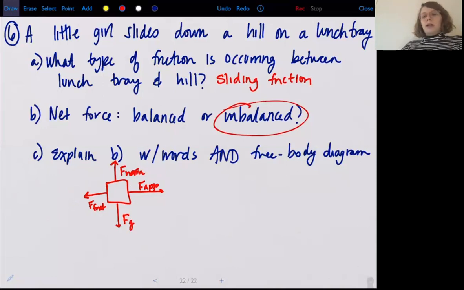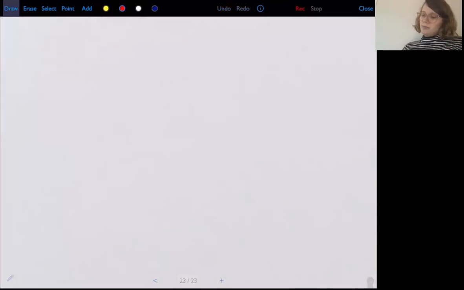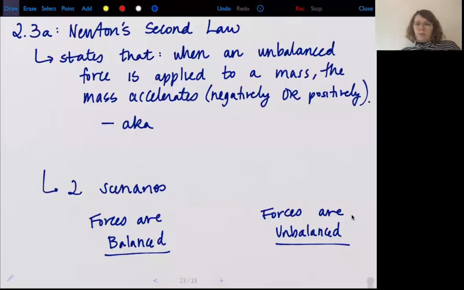All right, now we are going to move on to section 2.3a, which was about Newton's second law of motion. So we are going to begin going over 2.3a.